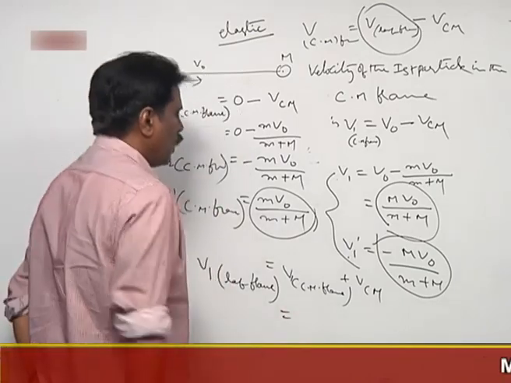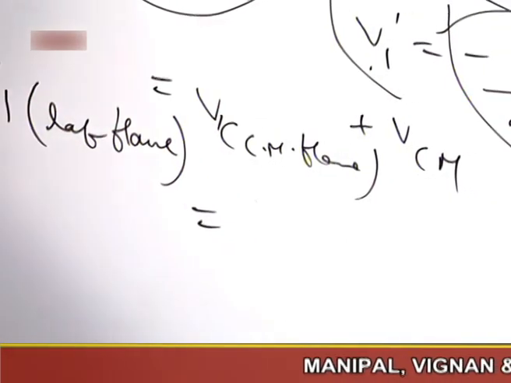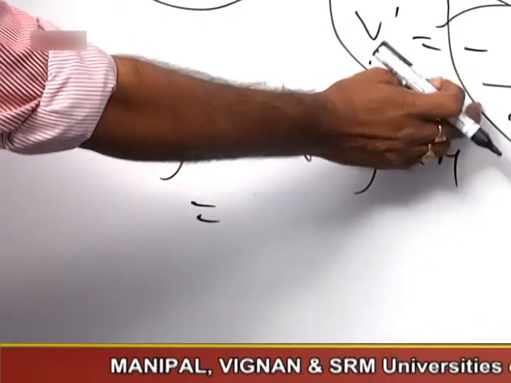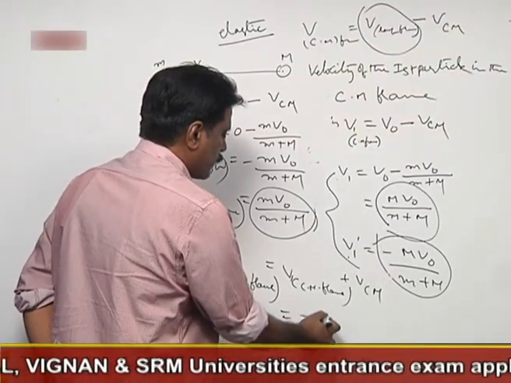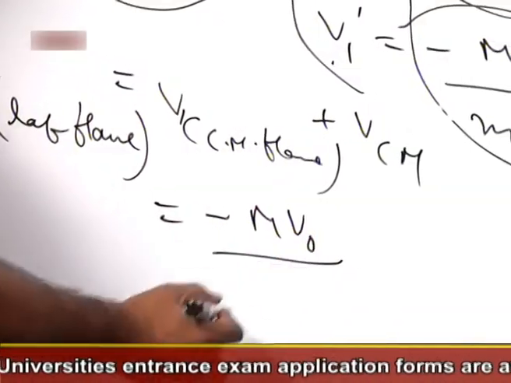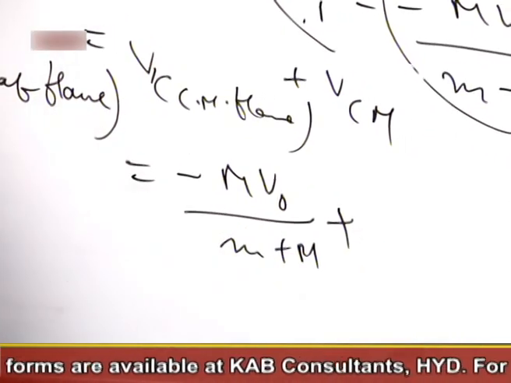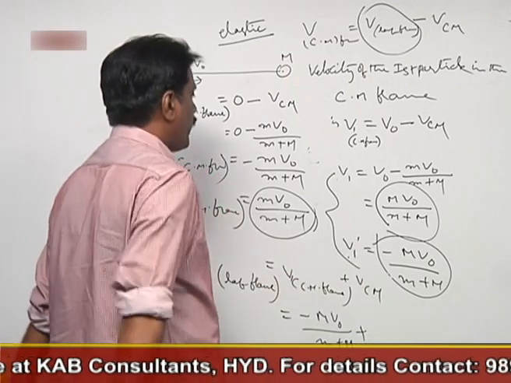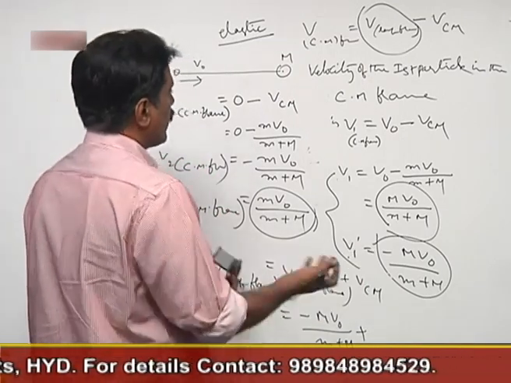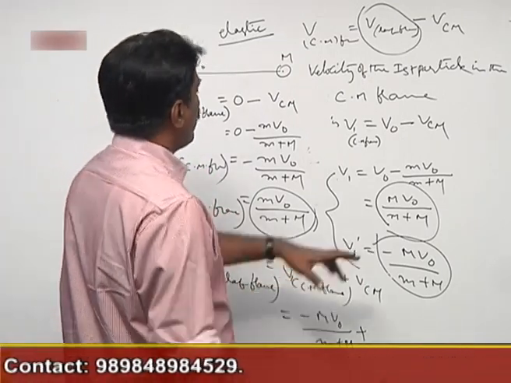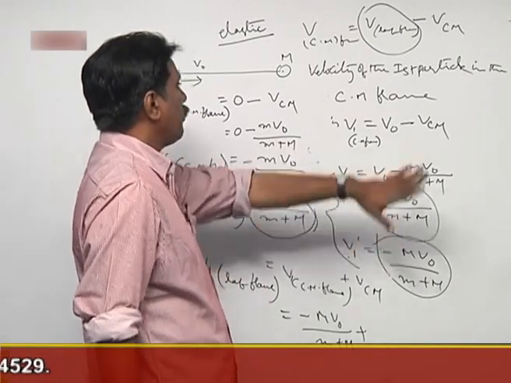What is the velocity in the center of mass frame for the first particle? This one: minus mv naught by m plus m, plus the velocity of center of mass, which won't change throughout the motion of the particles, because it is a constant, equal to mv naught by m plus m. We derived it in the very beginning.